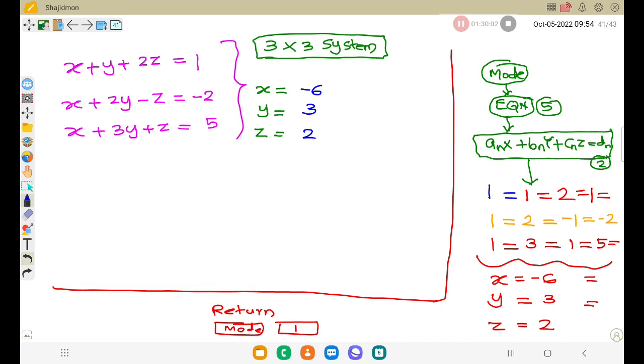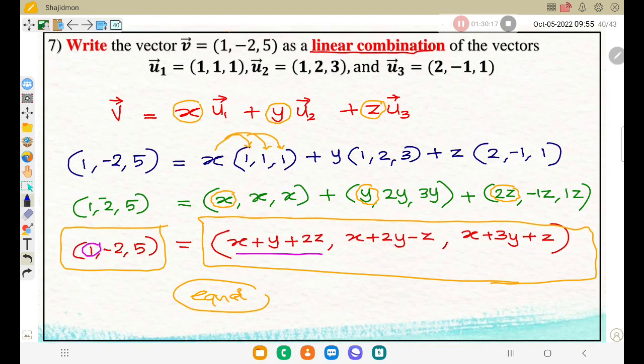Now, we got the x number, y number, z number. If you got these numbers, it means a linear combination exists. We can write the linear combination, correct? See, this is the linear combination: V = x u1 + y u2 + z u3.